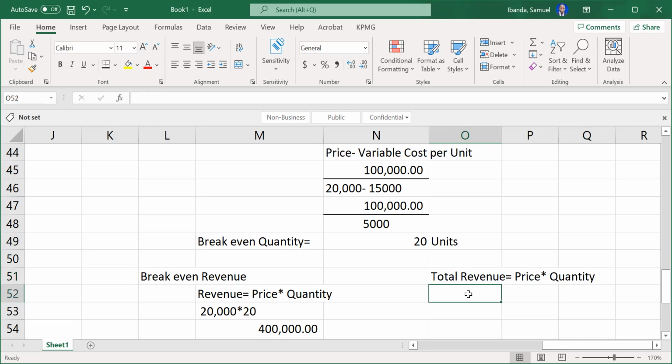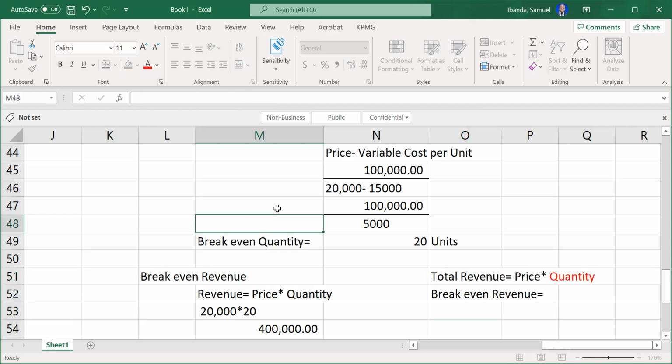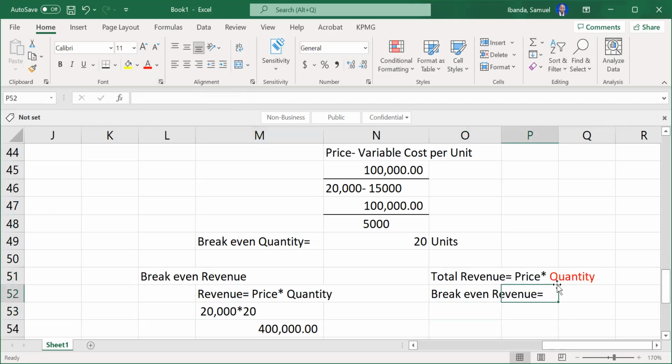When we are asked to calculate break-even revenue, we use the same formula, but where there is quantity, we now use the break-even quantity.